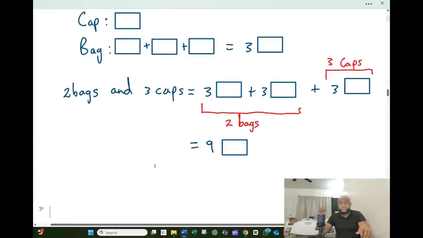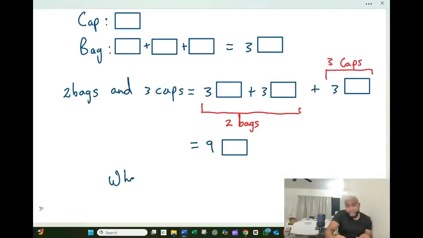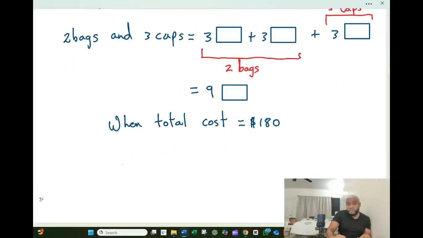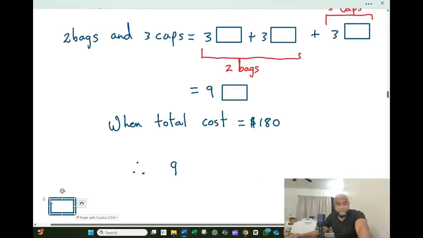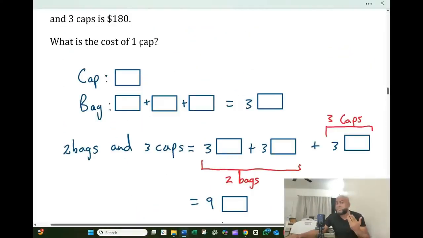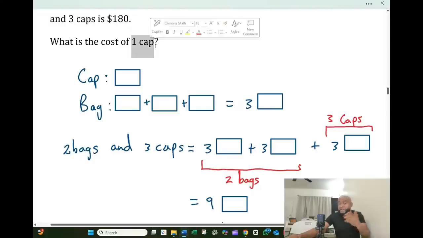So I can now put these two things equal. 9 boxes, which represents the 2 bags and the 3 caps, would be equal to 180. If I want to find out what one box is, which represents 1 cap, that's what the question is asking for.